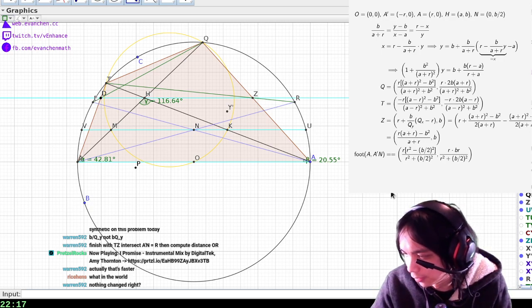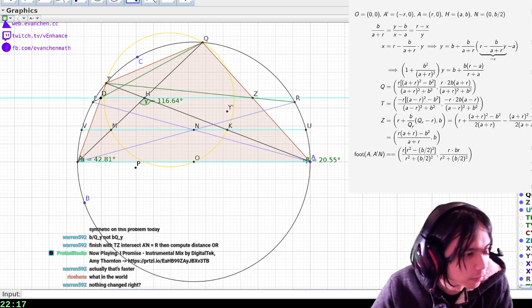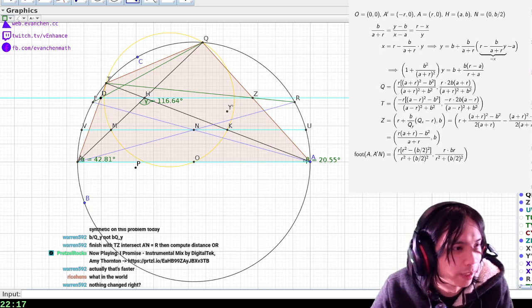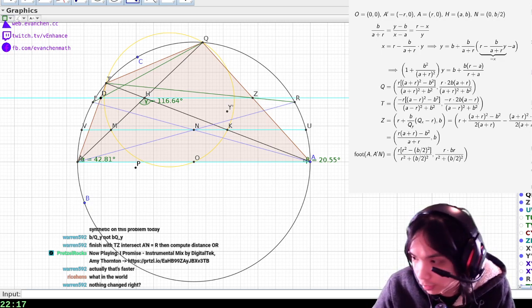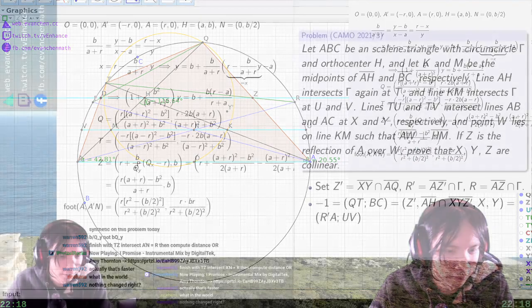So it comes out to this. Okay, so now we have that, and I want to check T, Z, and this point are apparently supposed to be collinear. Alright.